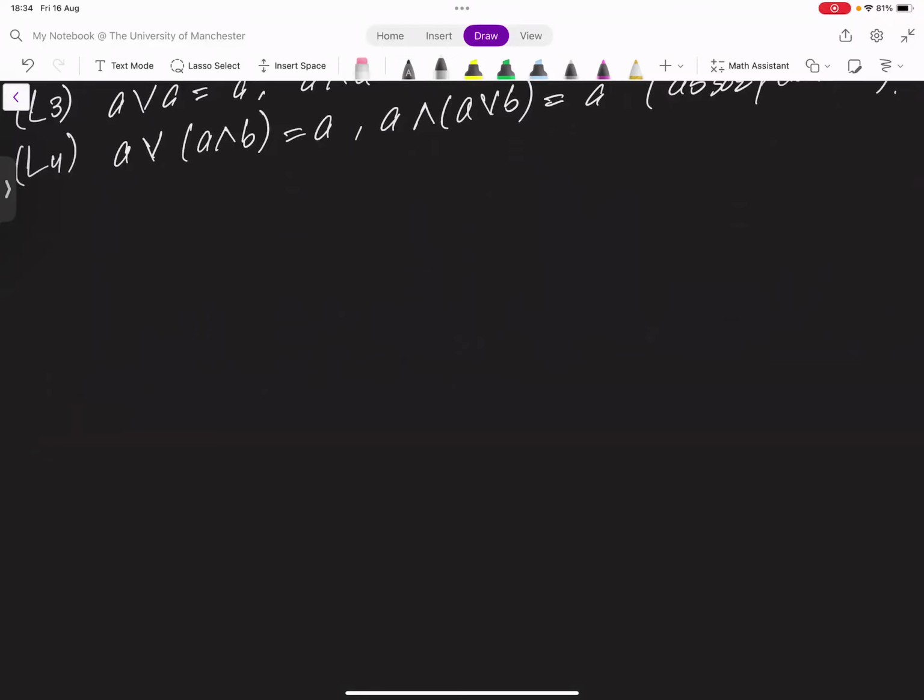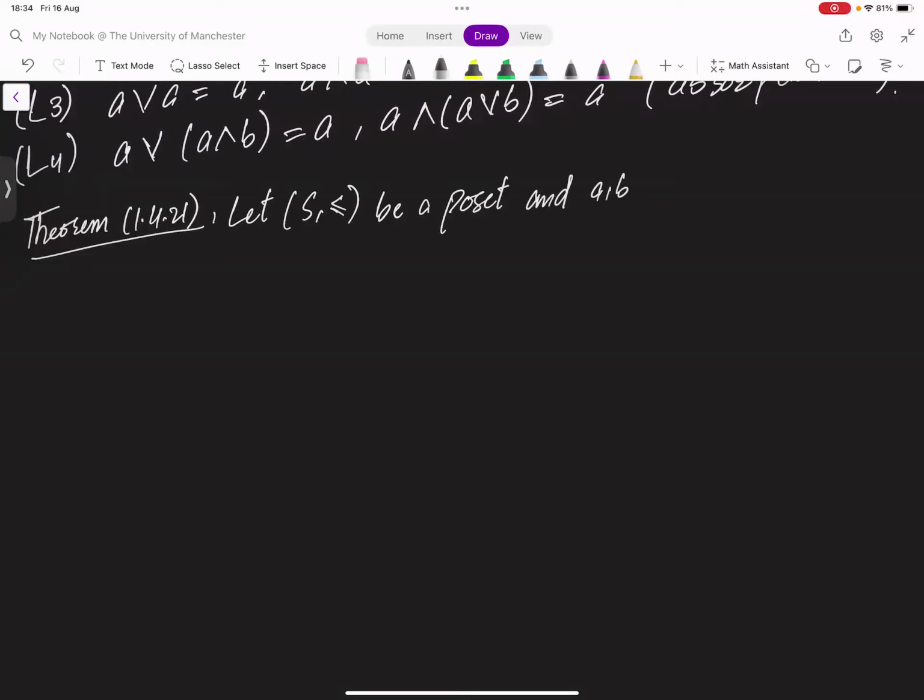Then we have another theorem, which is 1.4.21, which says that let we have a poset and there are elements a, b from the set S, then the following conditions are equivalent.